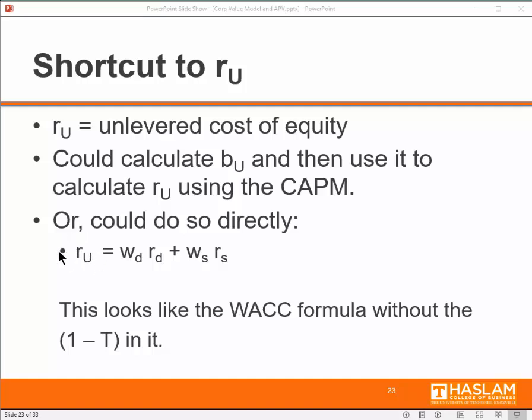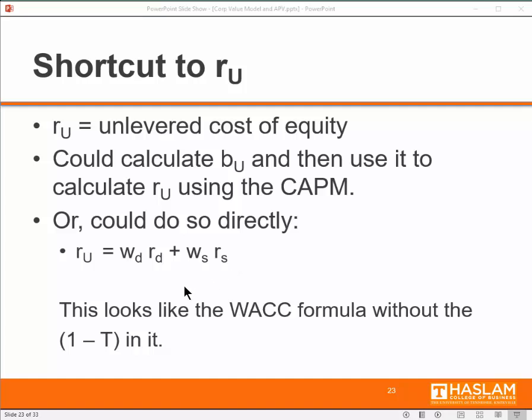We can go directly to the unlevered required return on the stock, and that is simply, if you work it all out, the observed weight on debt times the observed required return on debt plus the observed weight on stock times the observed required return on stock, where this observed required return on stock generally comes from the capital asset pricing model, but it doesn't have to. It's whatever model you're using for observing the required return on stock.